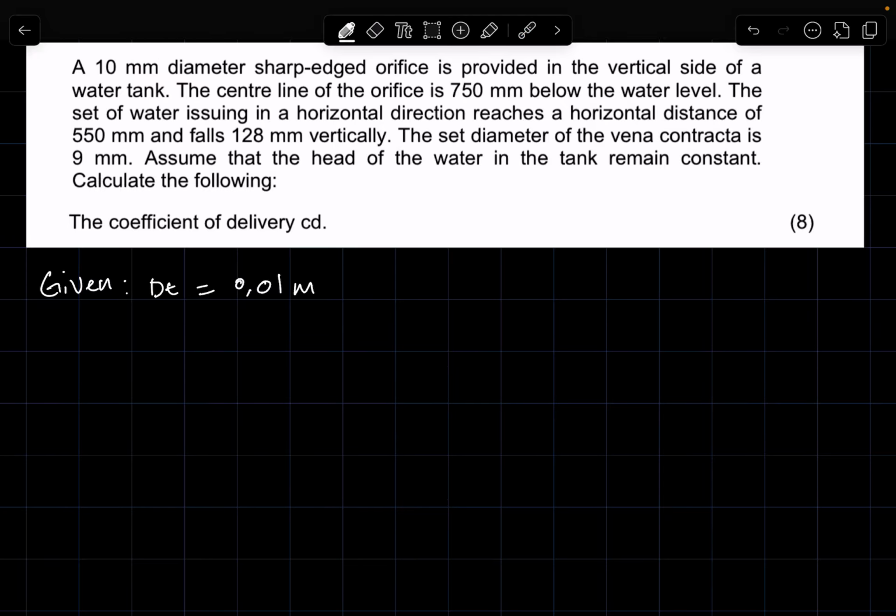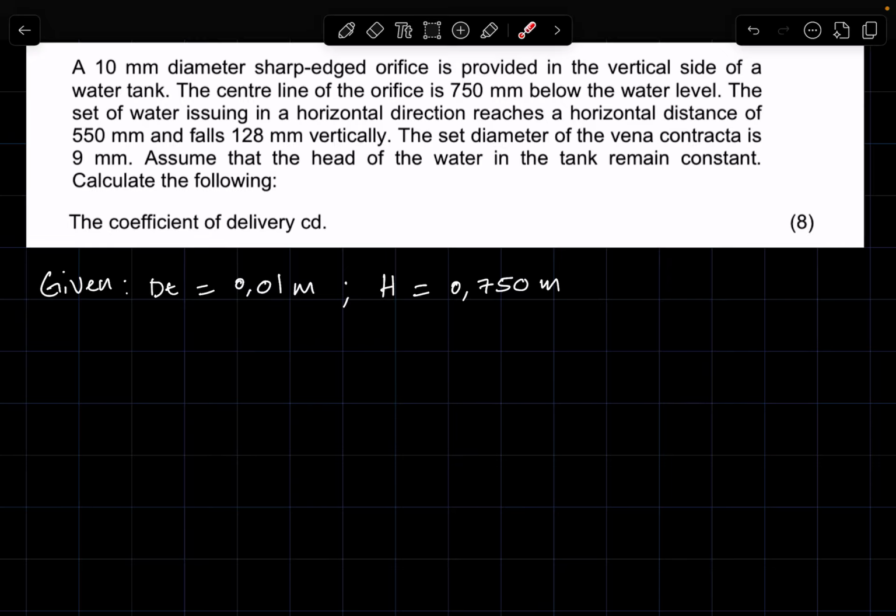And the orifice is provided in the vertical side of a water tank. The center line of the orifice is 750 millimeters below the water level. So this refers to the constant pressure head, which is equal to 750 millimeters, that is 0.750 meters.